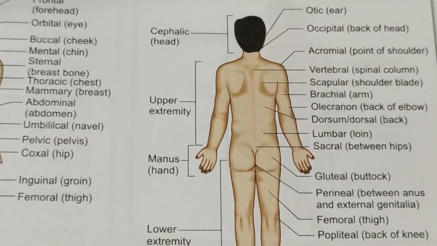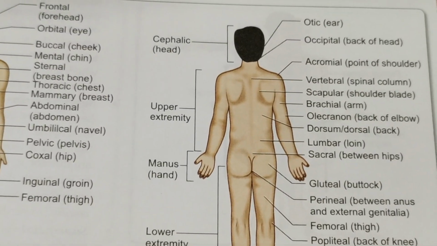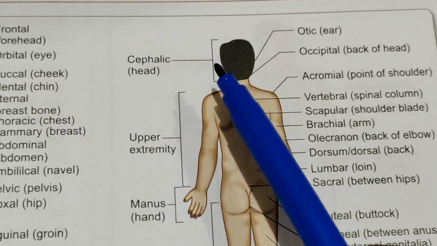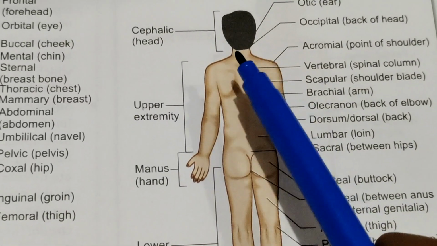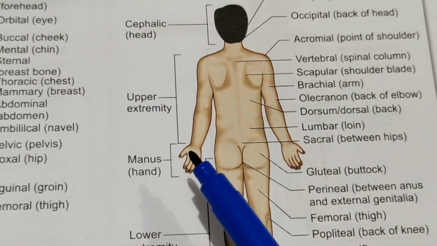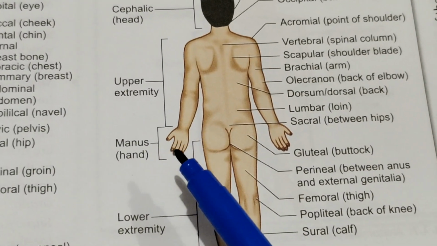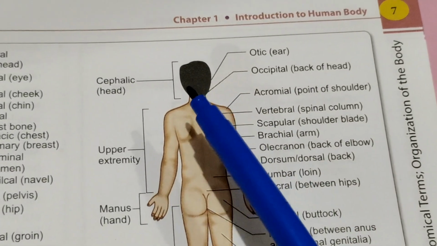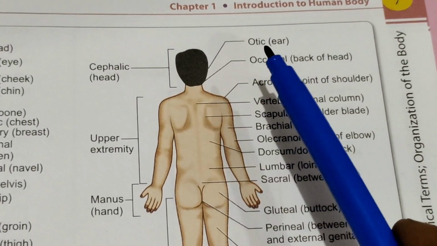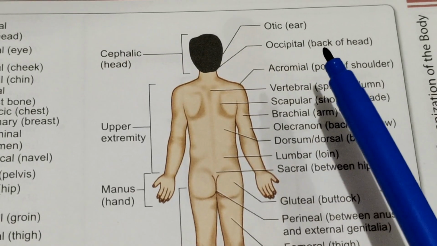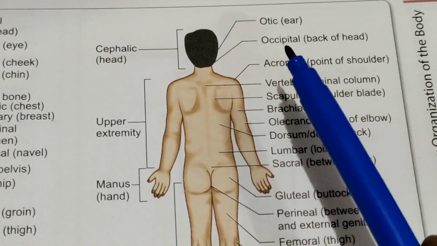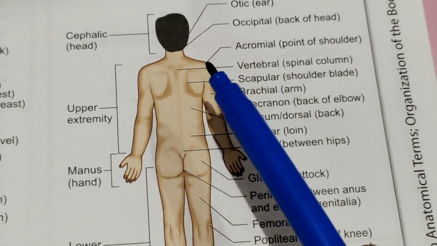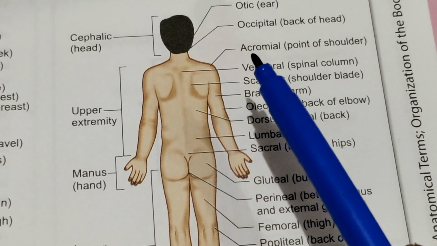Now we discuss the terminology used in the posterior view. First, head, cephalic. Then upper extremity. This hand, manus. Then lower extremity. In the head part we have the ear, otic. Then back of the head, occipital. Then the point of the shoulder, acromial.